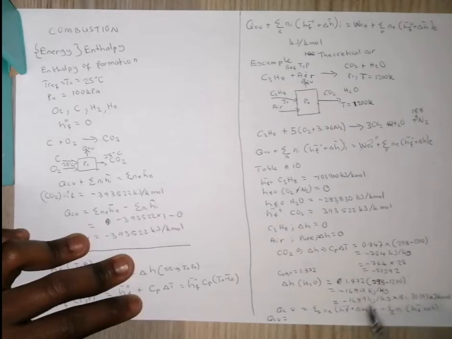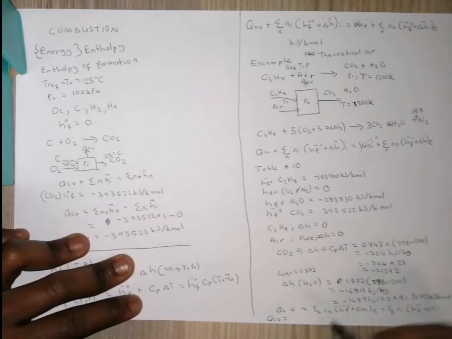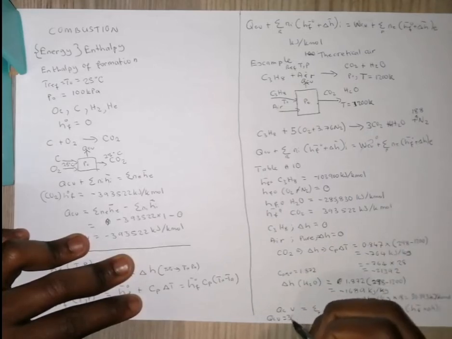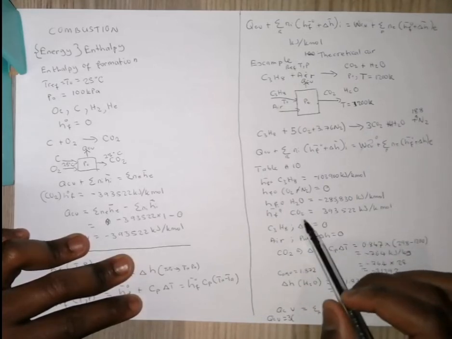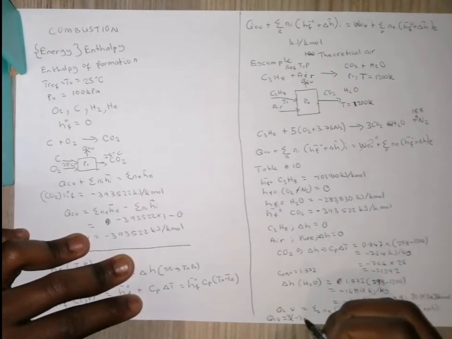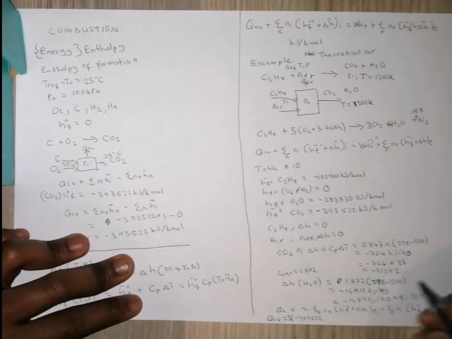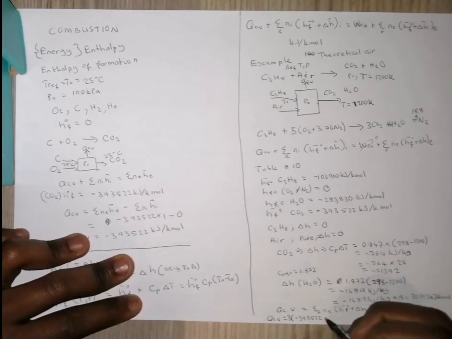So for the product, we're going to start first with the carbon dioxide, which is 3, and then HF0 for carbon dioxide, so it's supposed to be negative 393,522, then minus, since it's plus, but then the change in enthalpy for CO2 gave us a minus value, so we do minus 21392.